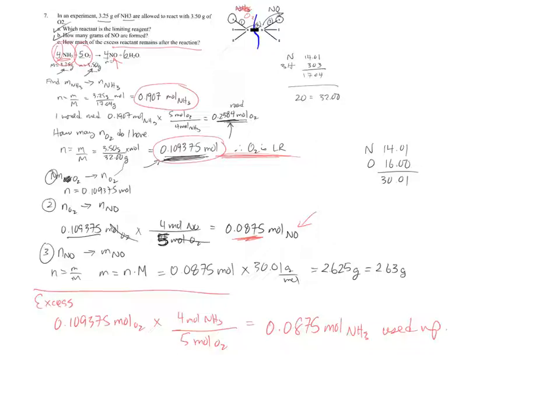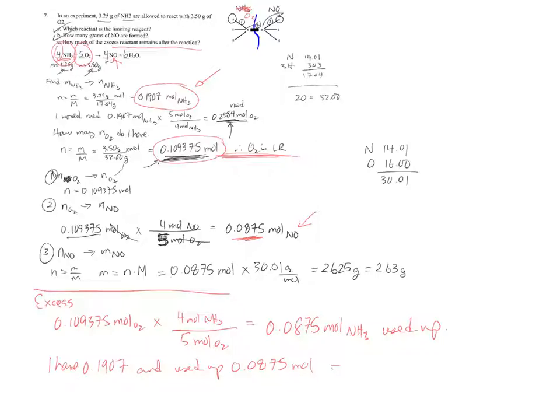It looks like I have this many moles. So to figure out my excess, I take how many I have. So I have 0.1907, and I used up 0.0875 moles in the reaction.